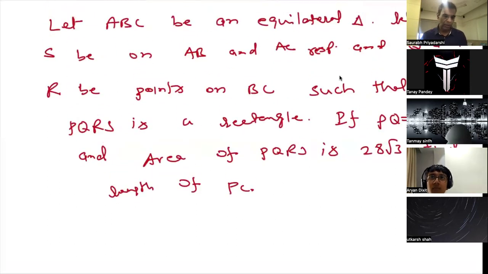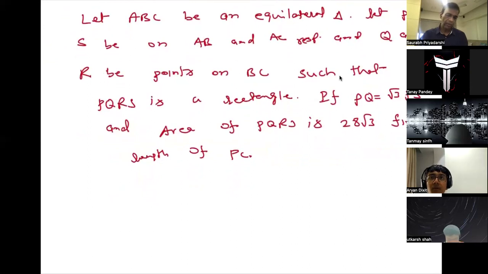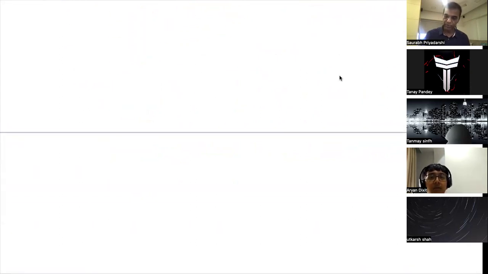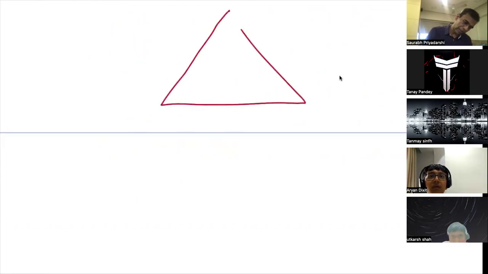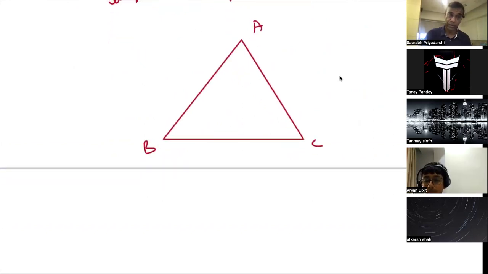See, it is given ABC is an equilateral triangle, and P and S on this. So let's draw the figure first. Just an equilateral triangle. These are simple questions, we just have to crack this. A, B, C. The last one was a difficult one. Shama, very good.